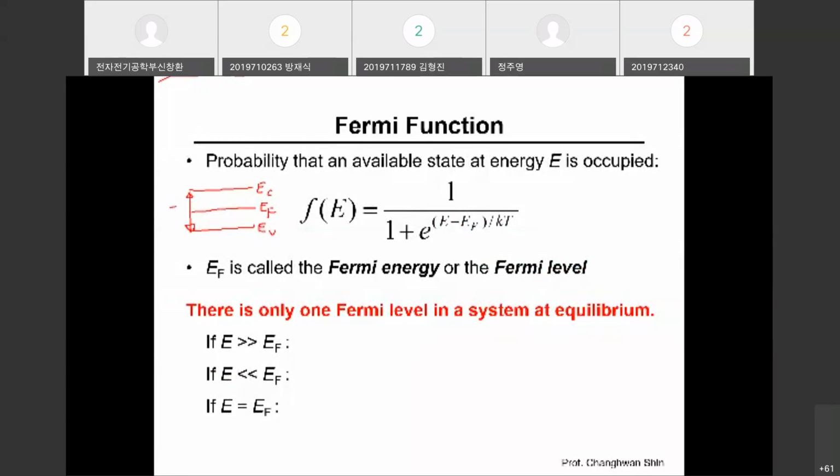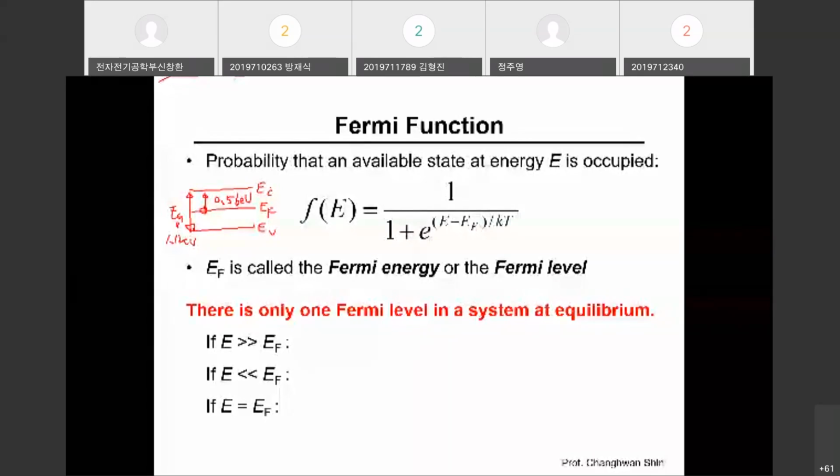We know the band gap energy is 1.12 electron volt, so this energy difference, E C minus E F, is 0.56 electron volt. Actually, this is not perfectly correct, however, approximately that is true. So E sub F for pure silicon material is found in the mid gap of the energy band diagram, in the middle of the energy band gap.